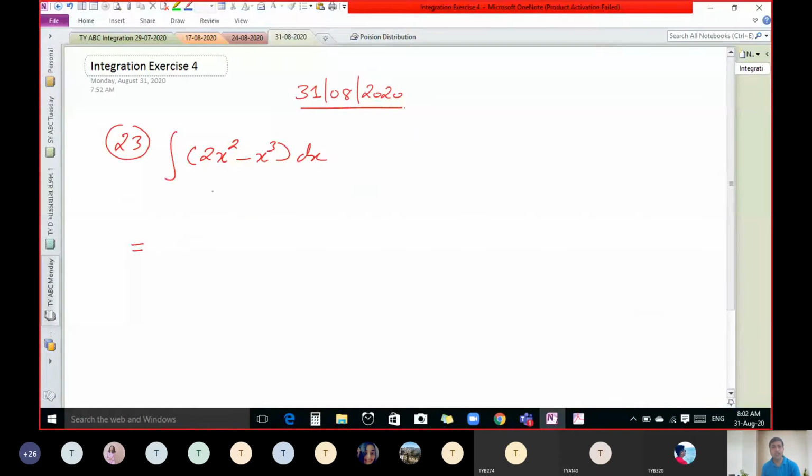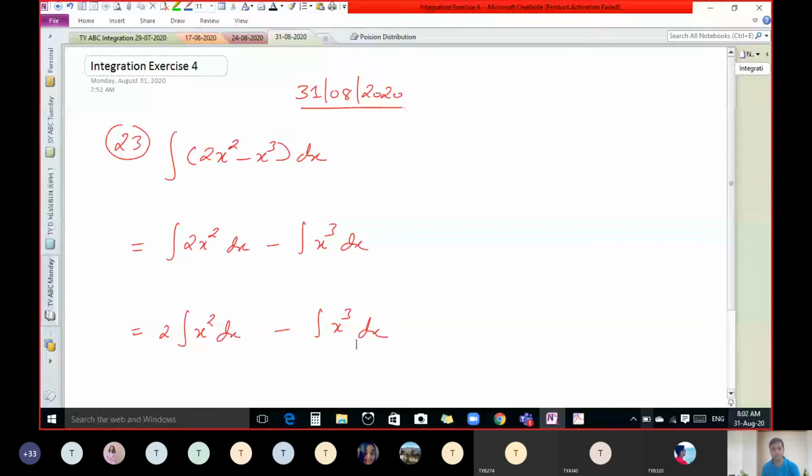So here you have to write integration of 2x square dx minus integration of x cube dx. Then you can take 2 outside, so it becomes only integration of x square and integration of x cube.